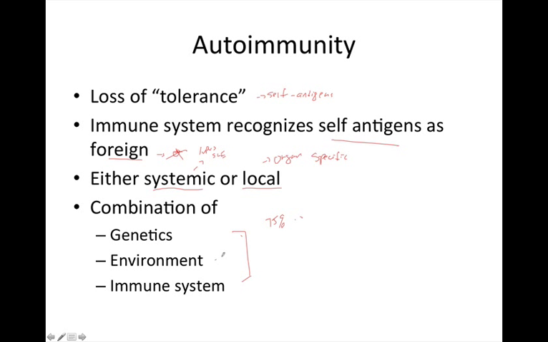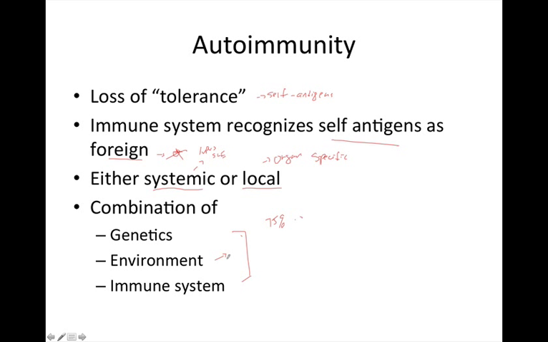Environment is a factor as well, because as we'll talk about in a second, exposure to various pathogens could, for example, trick the immune system into recognizing some of our own proteins that are similar to the proteins on a bacterium, and we attack both, and that's bad. Bad for the bacterium and bad for us. They attribute smoking as a contributing factor to the development of certain autoimmune diseases.